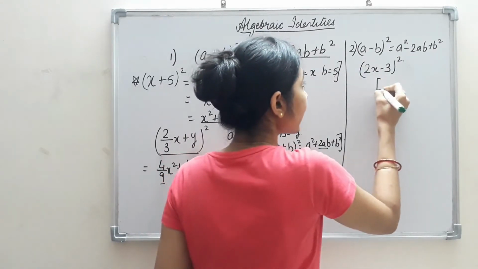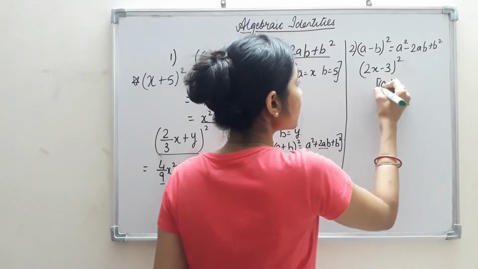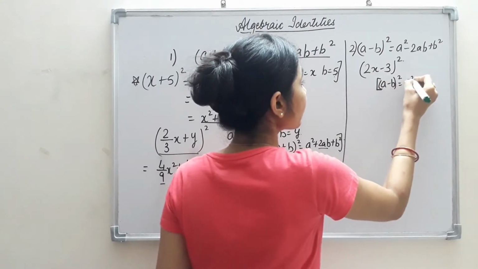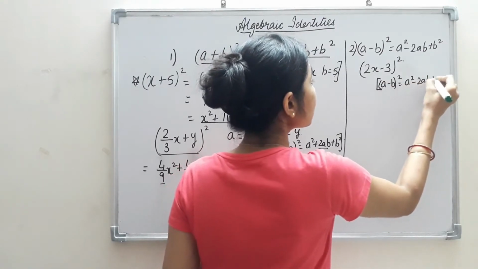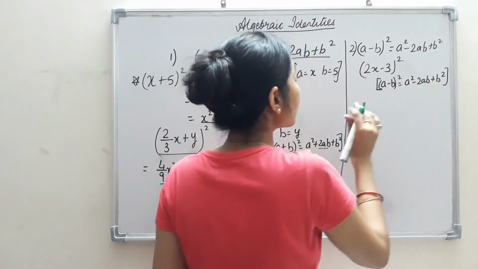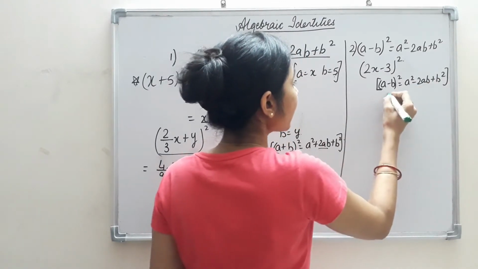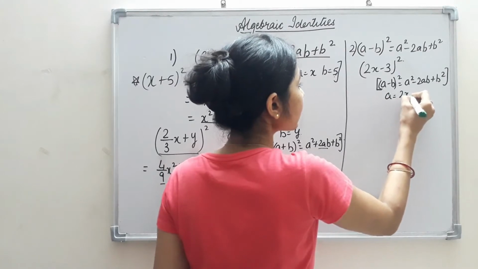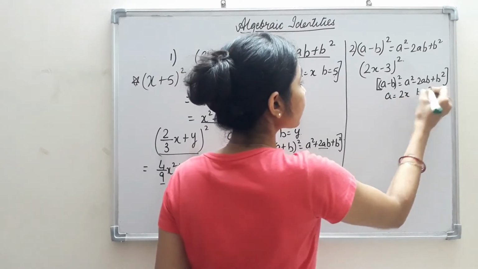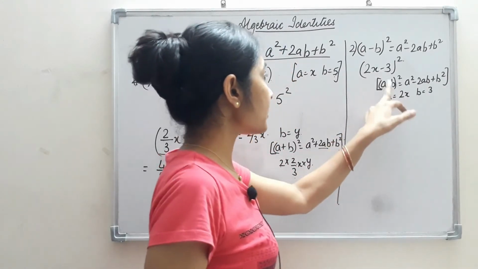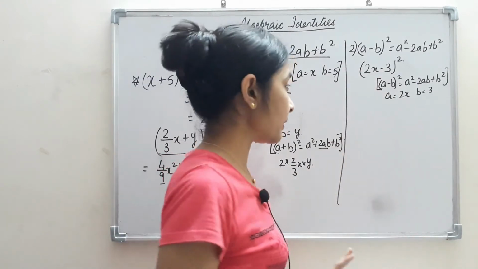First of all, we'll write the identity. A minus b whole square is equal to a square minus 2ab plus b square. Now in place of a, we are having a is equal to 2x and b is equal to 3. Here there is a minus sign, so we have taken the identity of minus only.